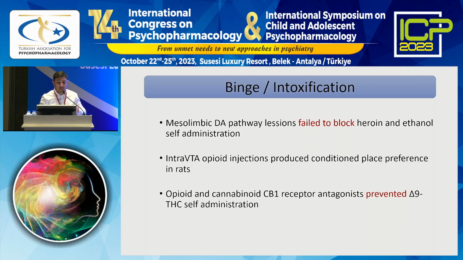But the studies indicate that opioid injections within the ventral tegmental area lead to a reward response in experimental animals. Combined, we can see alcohol and heroin leading to a reward response where the mesolimbic pathway can be bypassed.